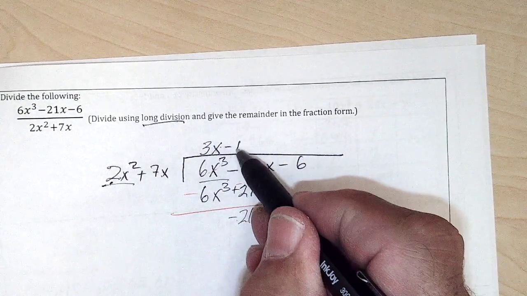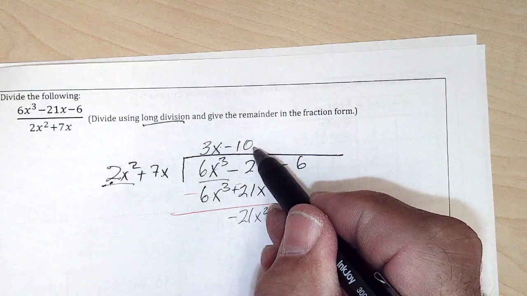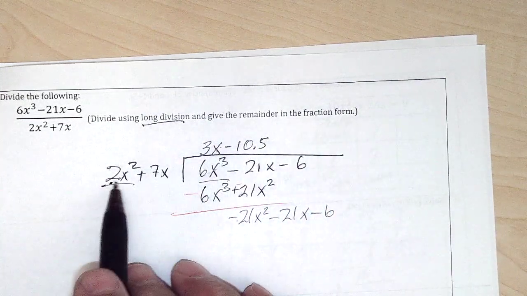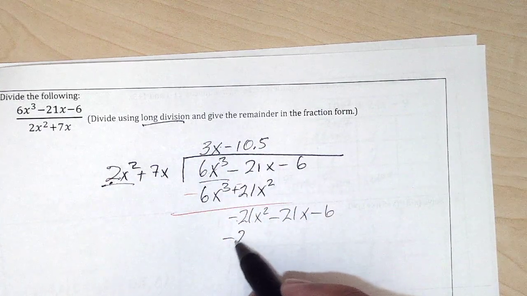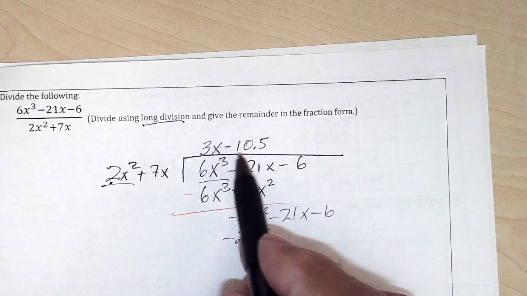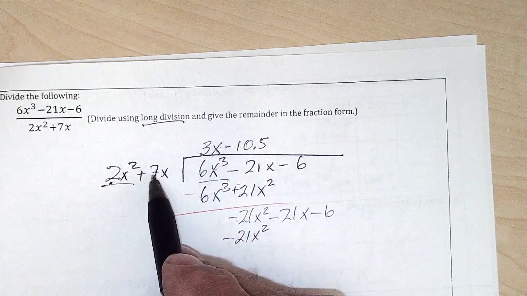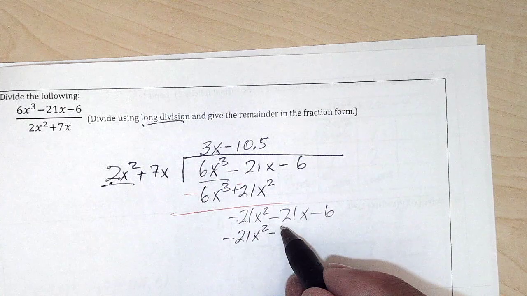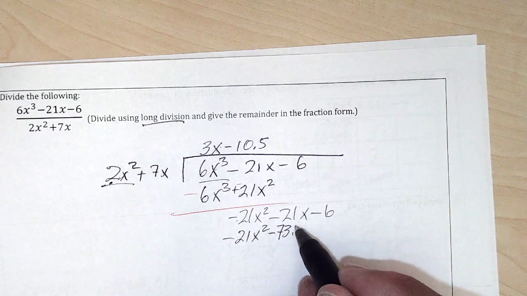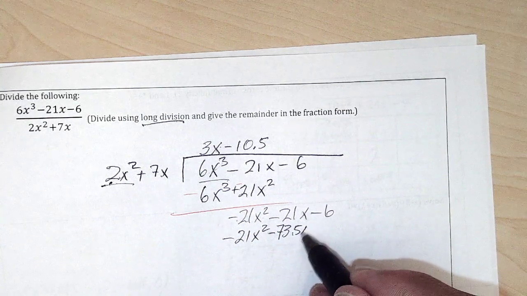Well, it'd have to be negative 10.5. So negative 10.5 times this is negative 21x squared. Negative 10.5 times 7 is negative 73.5x.